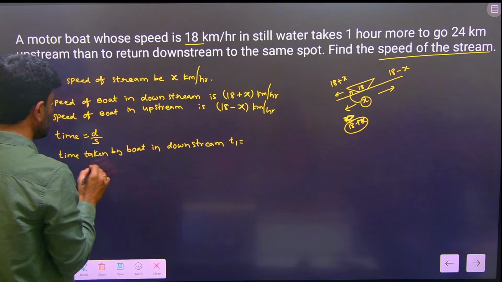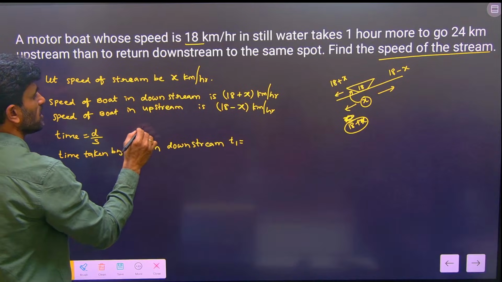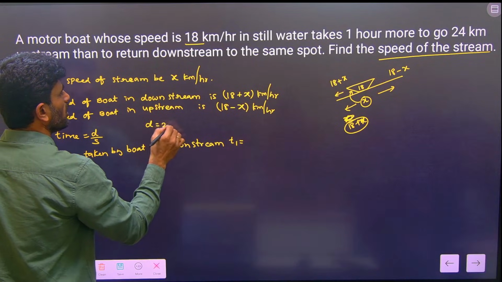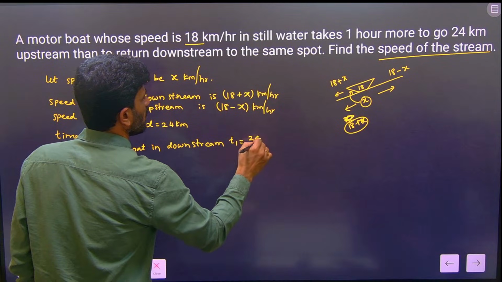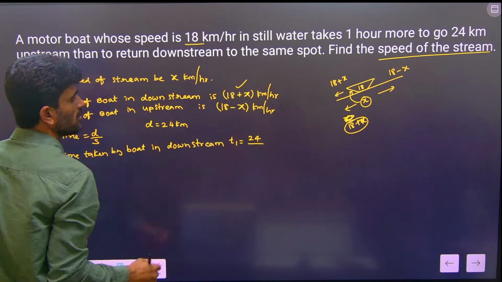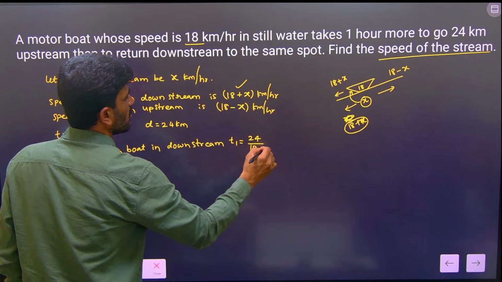T1 is equal to distance by speed. Distance is given, 24 kilometers. So it is 24 by downstream speed, which is 18 plus x.